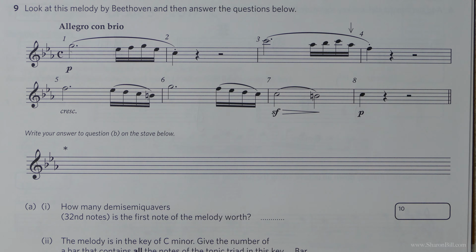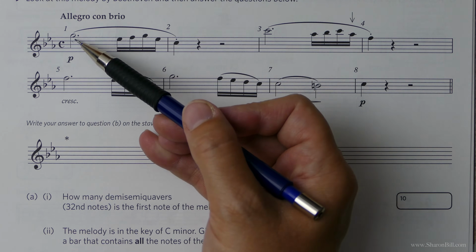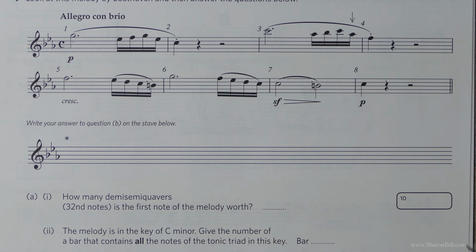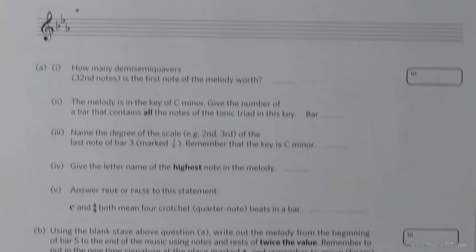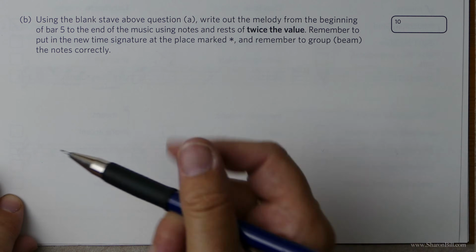This one. So let's just first of all, this is a 3-beat note. So let's just work out what a 1-beat note is. And then I'm going to just sketch down here so we've got a bit of room.